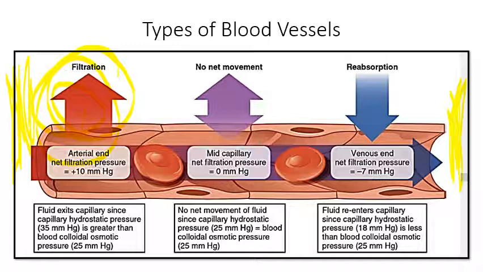So the blood actually loses volume as the blood serum, the liquid portion, is being physically pushed out by high hydrostatic pressure on the arterial side of the capillary. And when you push a fluid through some kind of a membrane using pressure, that's called filtration, isn't it? So that's why we have filtration up here.